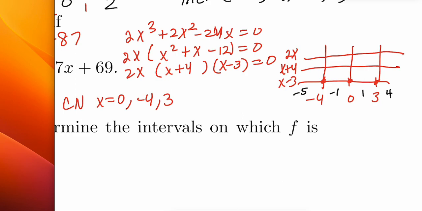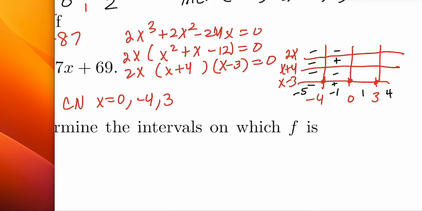Now, let's plug -5 into all 3 of our factors, and let's just write whether we get a positive or negative. We get a negative, a negative, and a negative. Now, 3 negatives multiplied or divided are going to result in a negative answer. Let's plug in -1. We get a negative, we get a positive, we get a negative. 2 negatives multiplied together give me a positive value.